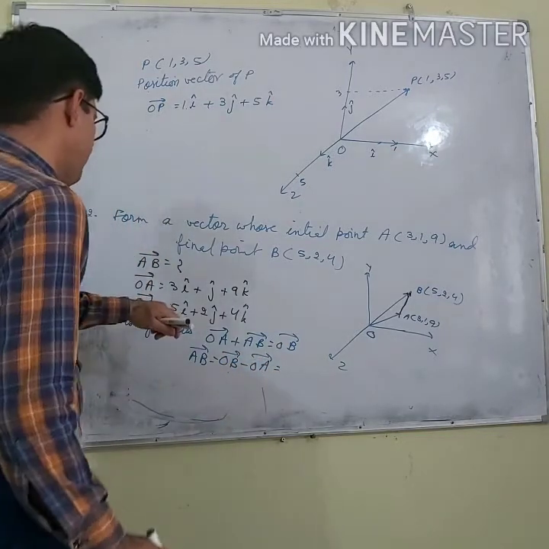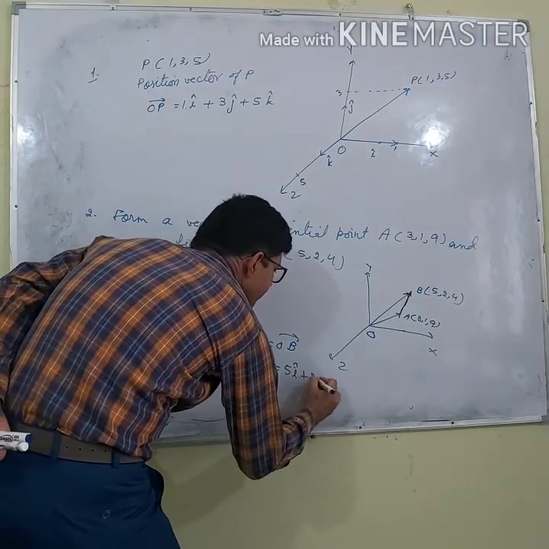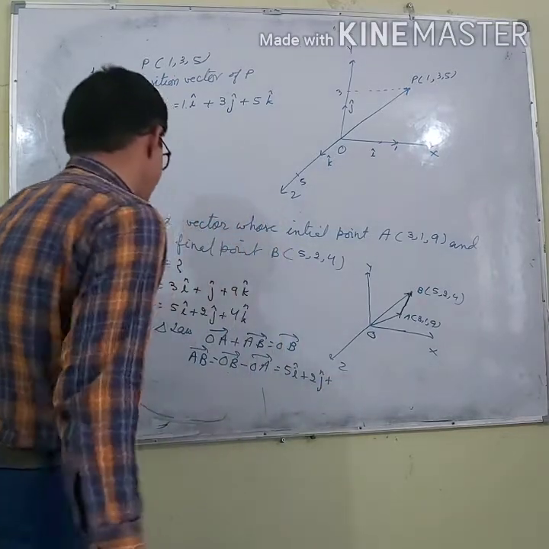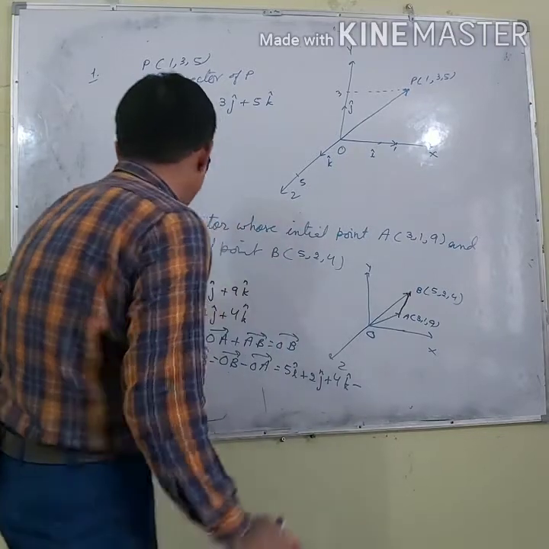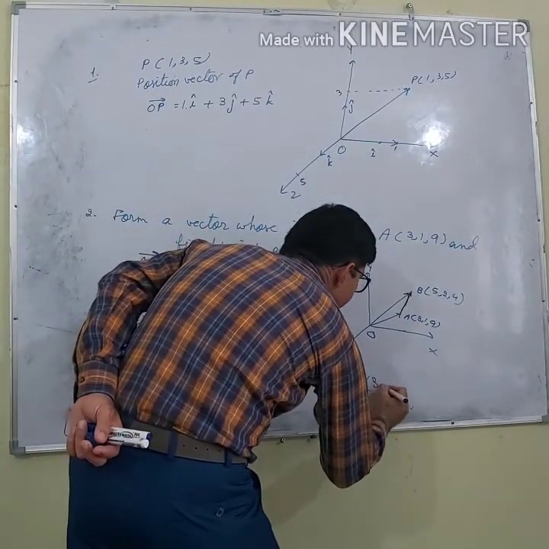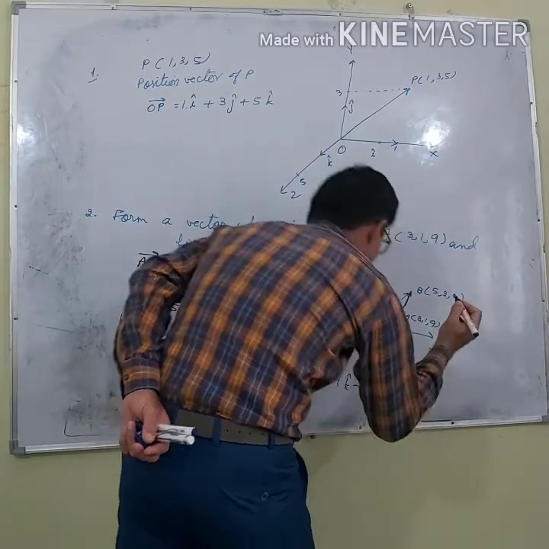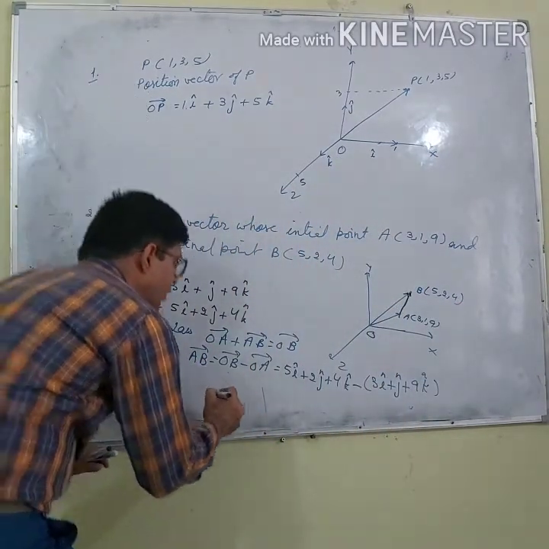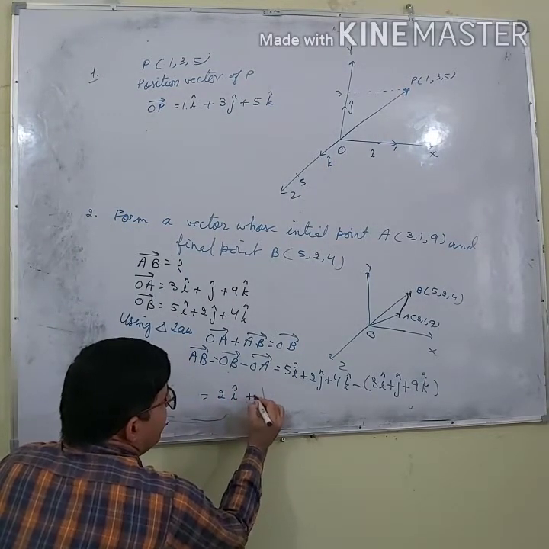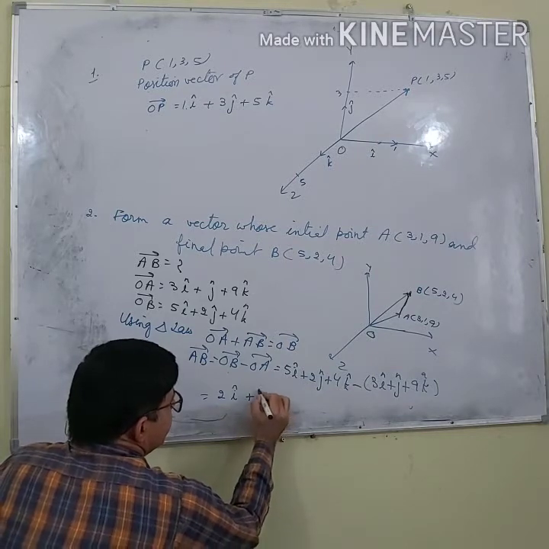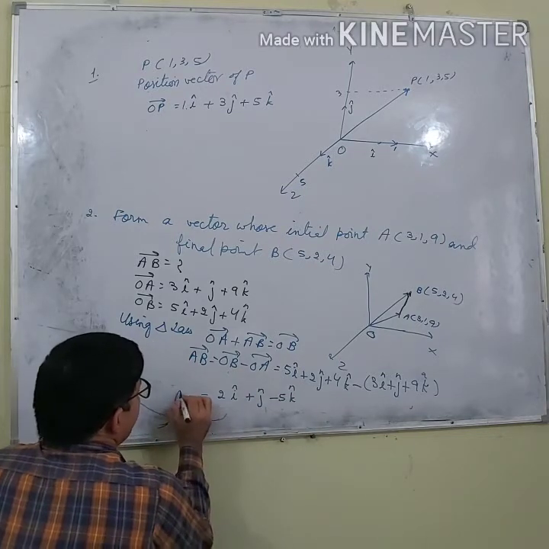What is OB? 5i cap plus 2j cap plus 4k cap, minus 3i cap plus j cap plus 9k cap. So it equals 2i cap plus j cap minus 5k cap.